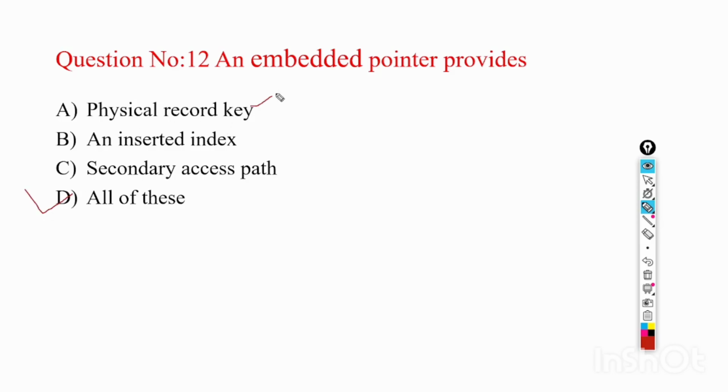So why are these options wrong? Option A, physical record key. This option is correct, because all of these become the incorrect answer. A simple exam trick to remember: if all options are technically correct, carefully check all of them.